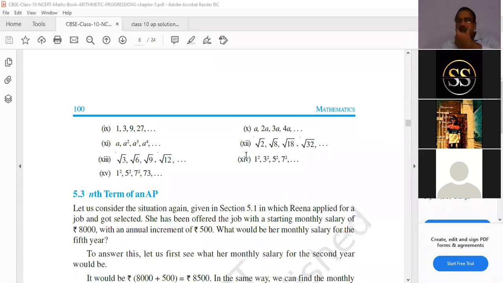Now what about the 12th one? Can anyone say, is it in AP or not? No, sir. No means the fellow told wrong. How can I explain, or can any other person say?